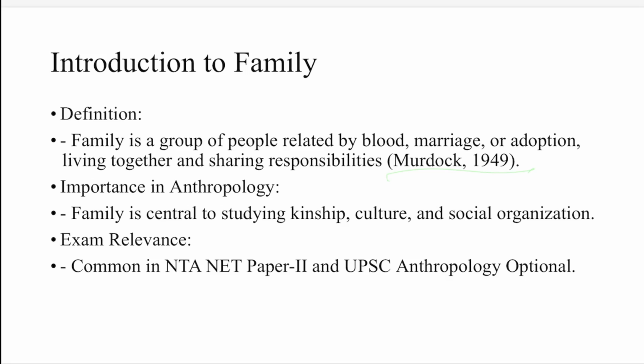So, in a nutshell, family is a group of people related by blood, marriage, and adoption, living together and sharing responsibilities, by G.P. Murdock in 1949. And what is the importance of family in anthropology?